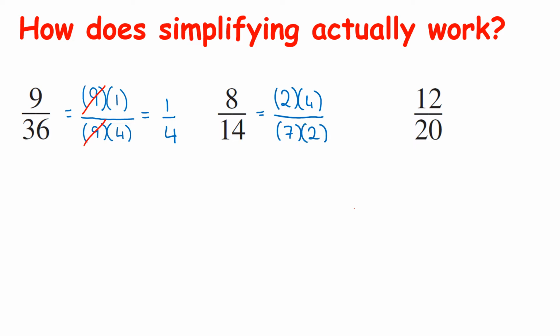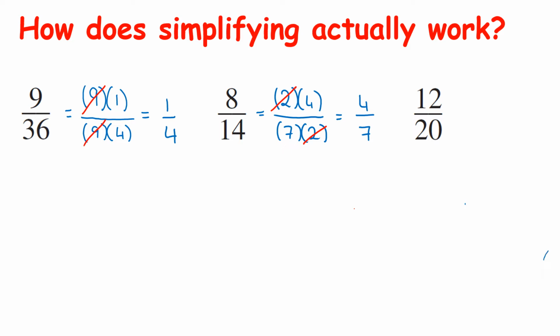Again, we have a common factor in the top and the bottom. 2 divided by 2 is 1, and that leaves us with the fraction 4 over 7. And I think a lot of you are probably doing that in your head without thinking too much about it. But I really want us to understand that process, because if you can understand the process with numbers, you'll be able to understand the process with algebra.